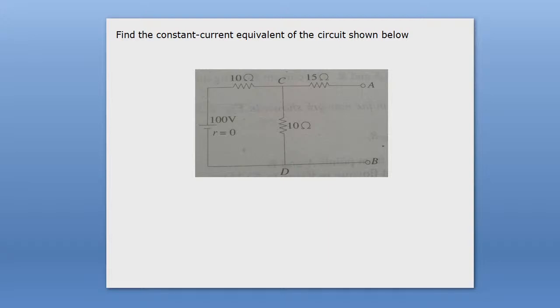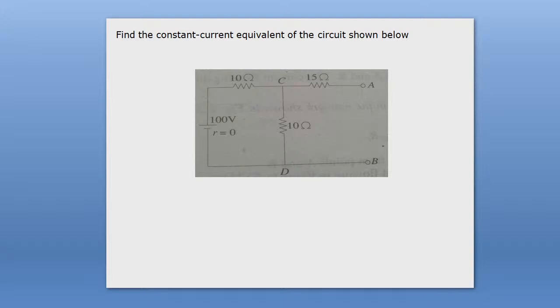This is a T type network. You see, so far we have discussed T type network and Pi type network, star network, delta network. So this network is nothing but a star network or T type network. This network is connected to a DC voltage source having voltage 100 volt.